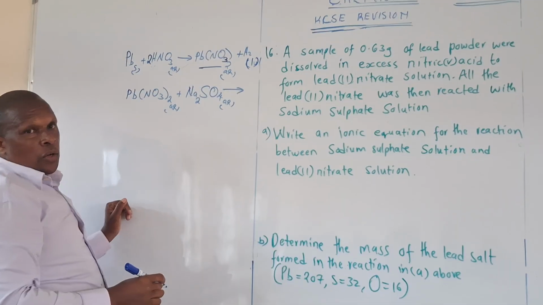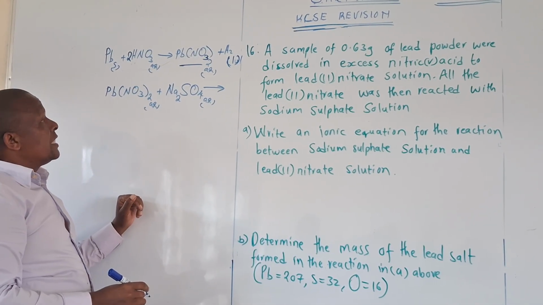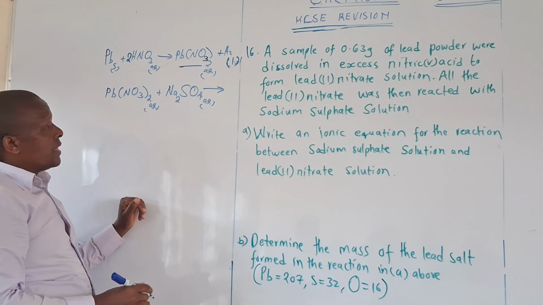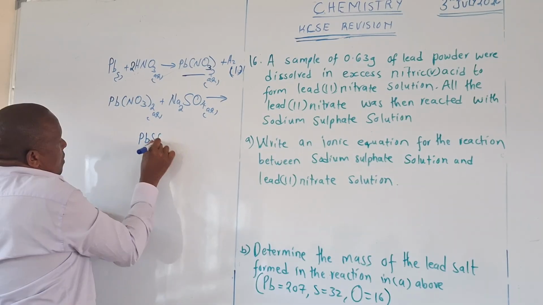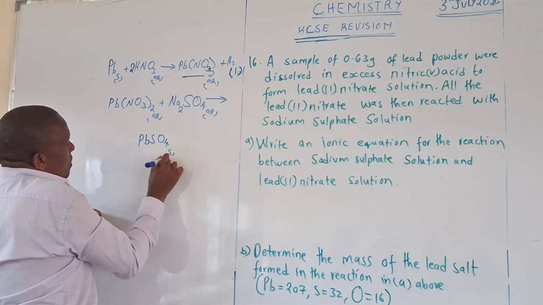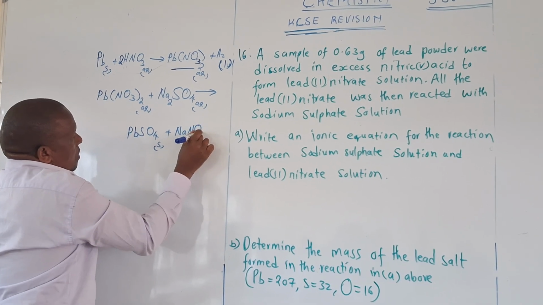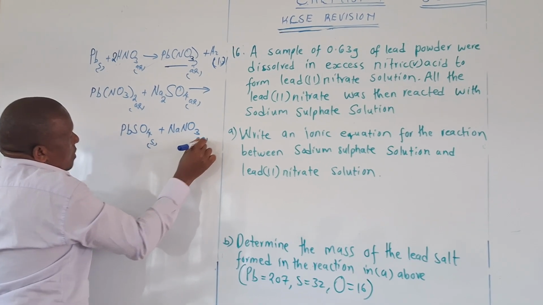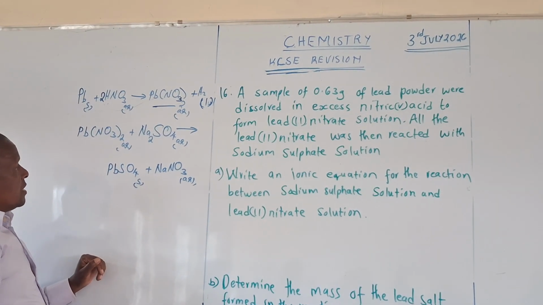So when we react lead nitrate and sodium sulfate, we form lead sulfate and sodium nitrate. So from that, we balance.